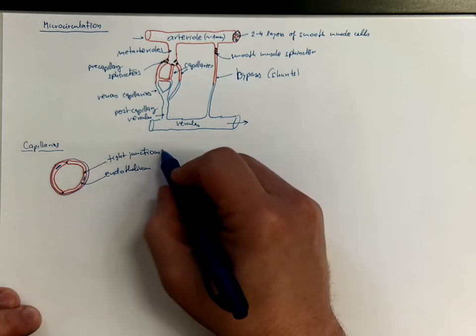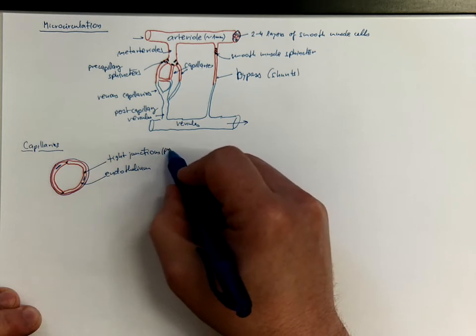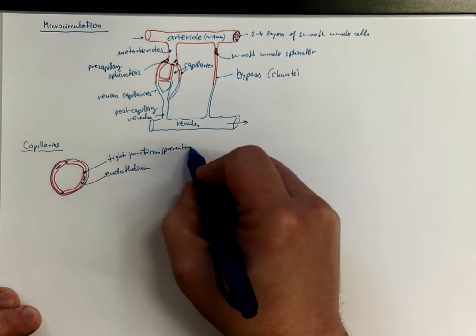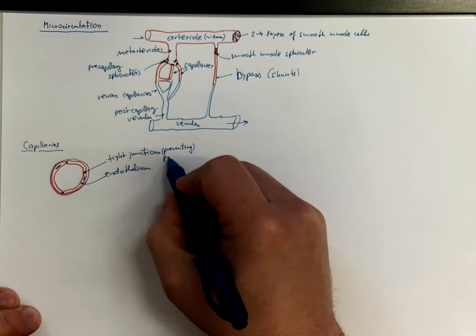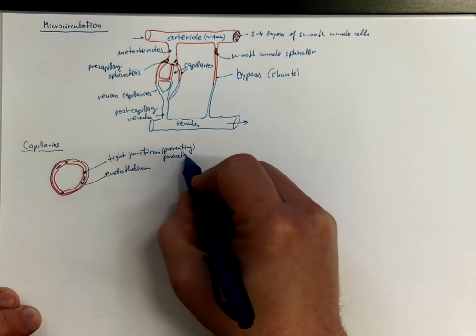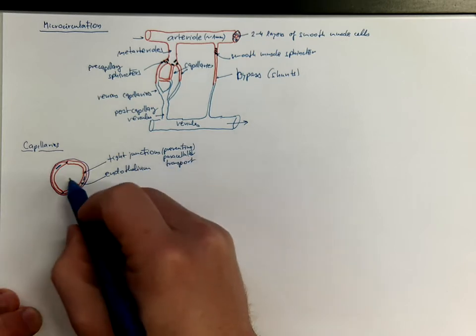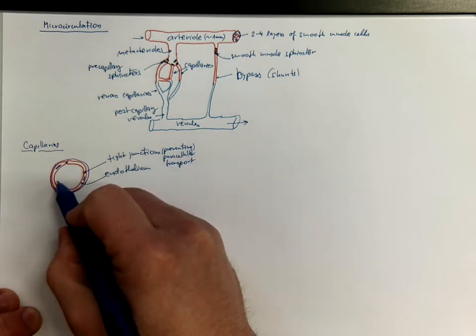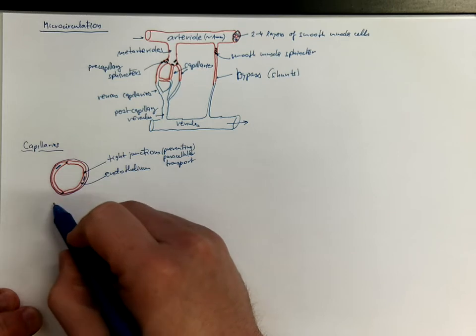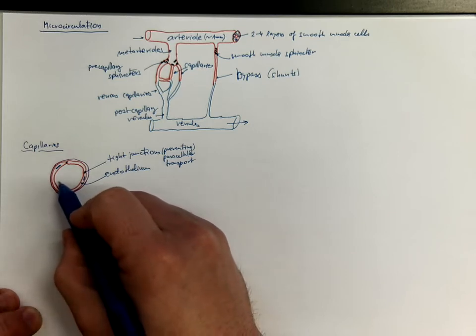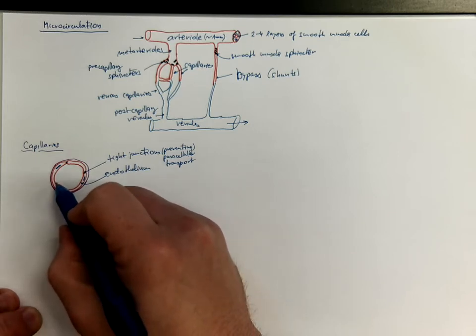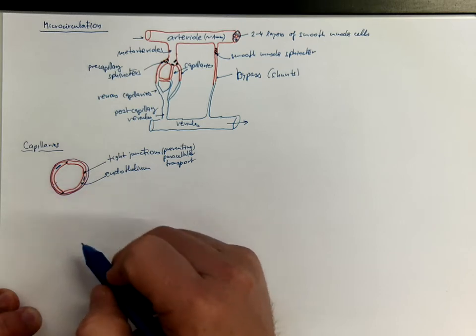The tight junctions are preventing the paracellular transport, so all the substances that are permitted to cross the wall of the capillary have to pass selectively through the endothelial cells.